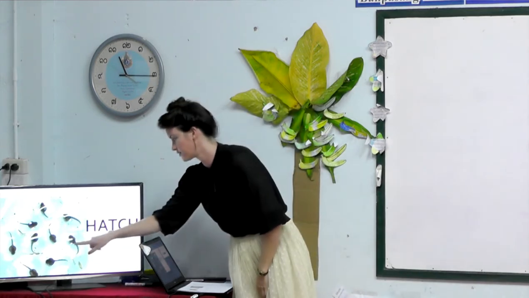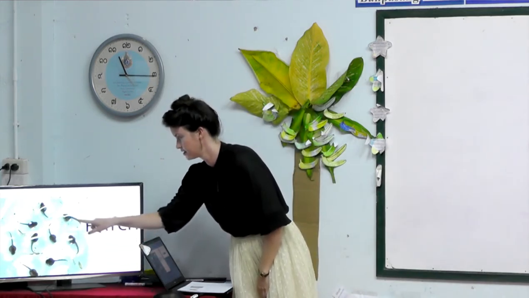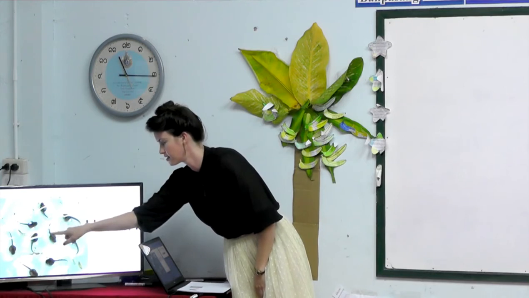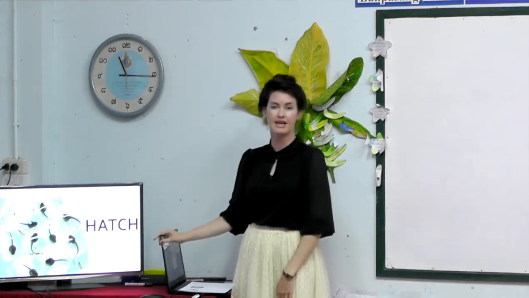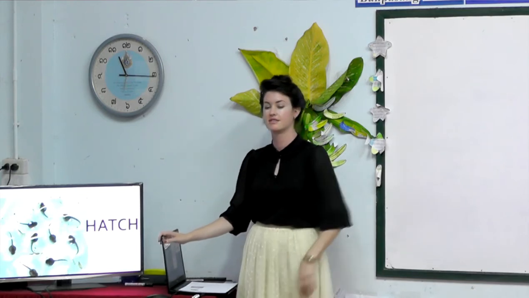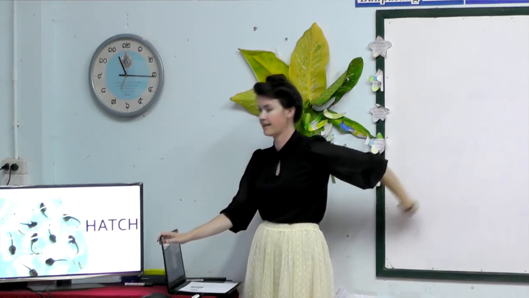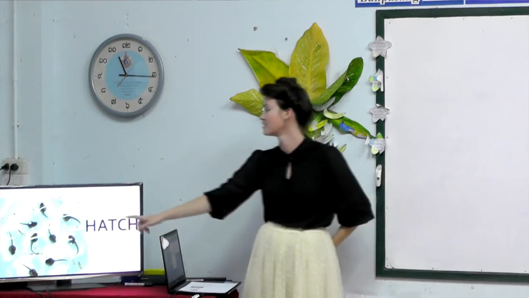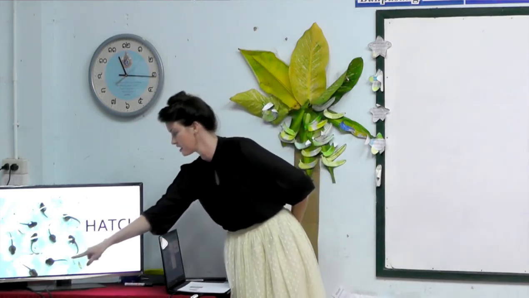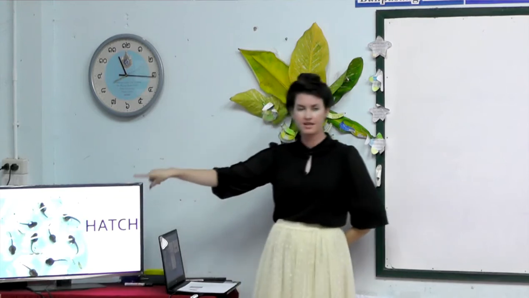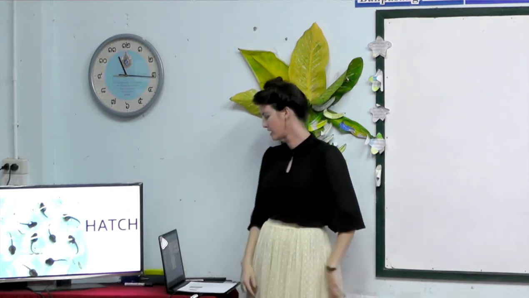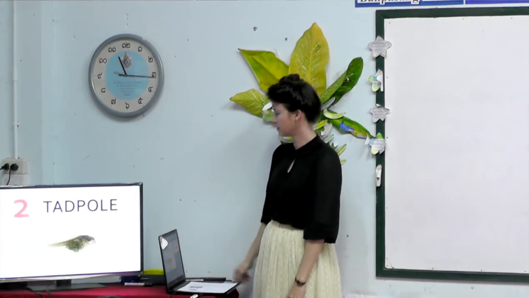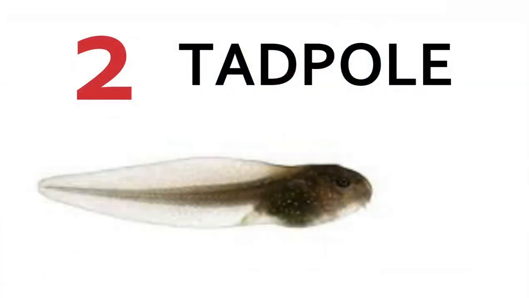What is this on the little frog? What are these? It's like a fish, or something that a cat has, or a dog has. Yeah, a little tail. So they have little tails now. Does this look like a frog yet? Not yet. These swim like tiny little fish.